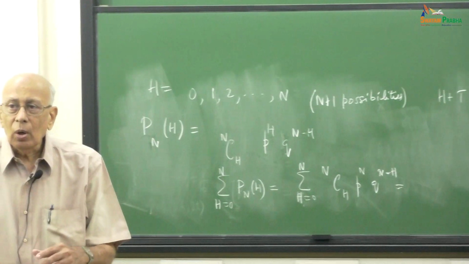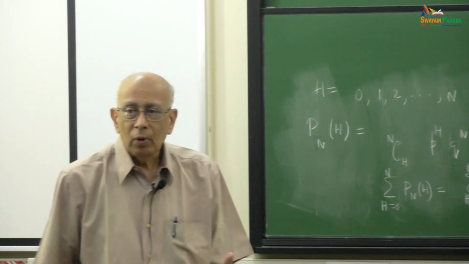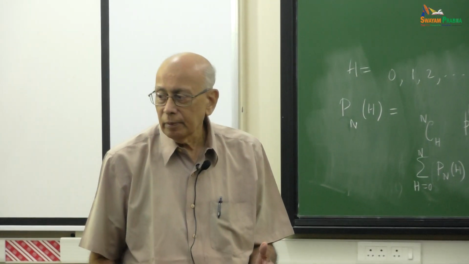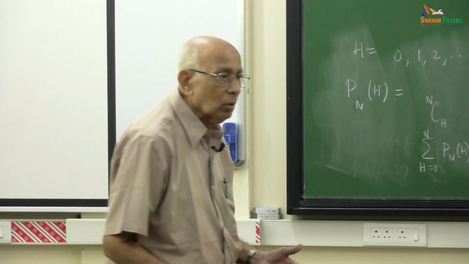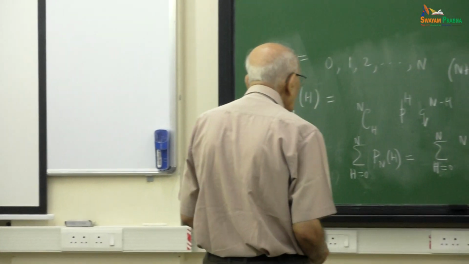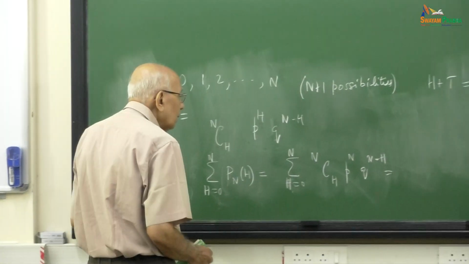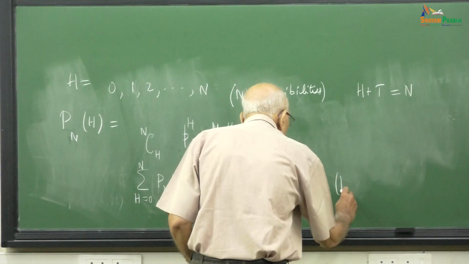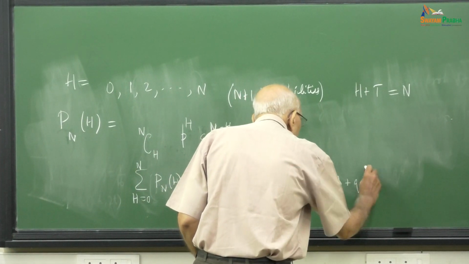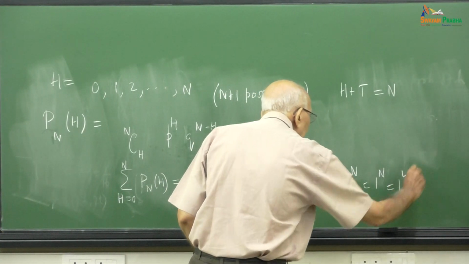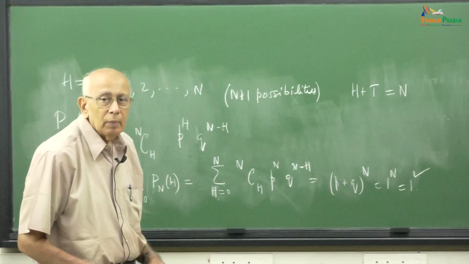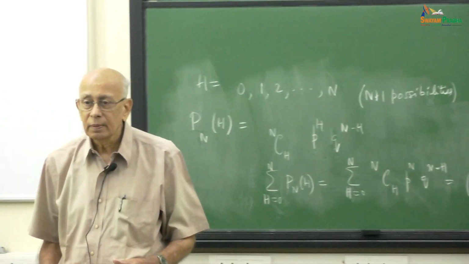It sums over all possibilities, the probability of all possibilities for h. So the total probability is 1. So this should turn out to be 1. And is it 1? This is also equal to (p + q)^n. So probabilities add up. We haven't left out any event.